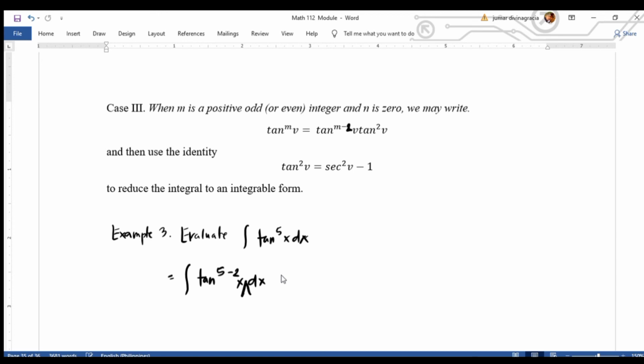So we still have here tangent squared of x before dx. Then we now have tangent of 3 of x times tangent of 2x dx.